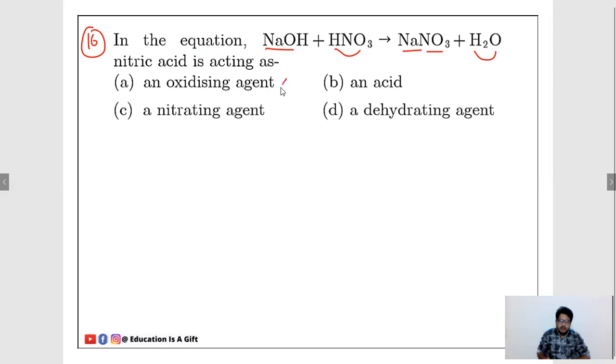Nitrating agent? No, that is not a nitrating agent. Dehydrating agent? Dehydrating agent means removal of water, sorry, not oxygen, it is H2O. Nothing is happening. So the only option left is an acid. Nitric acid is acting as an acid. Simple.